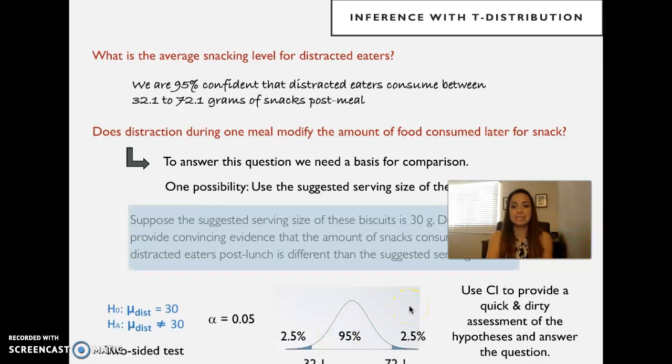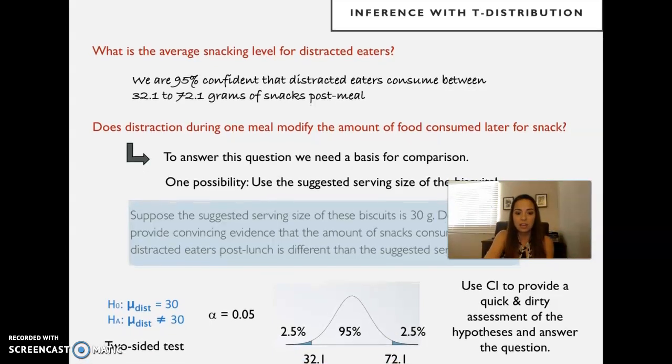All right, so the confidence interval here would be 32.1 to 72.1. And our null value is 30, so 30 falls in the rejection area here, and we reject the null hypothesis that way. That's why these two go together.